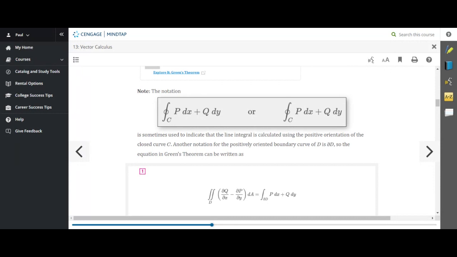Of course, if you are moving along your path in a clockwise direction, you can use Green's theorem. You just have to do what? You have to take the negative of your work value, right? That would be what you would do.